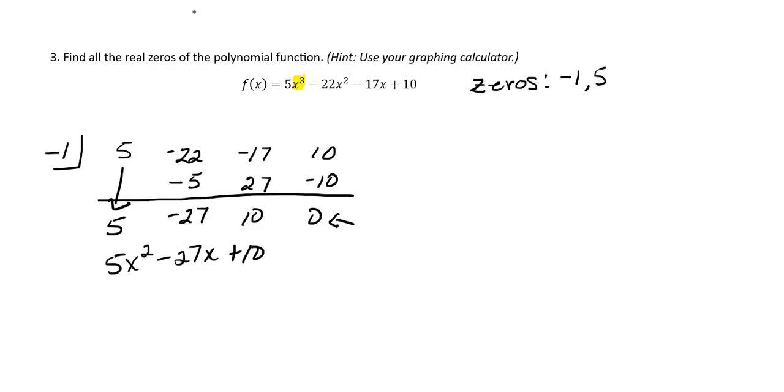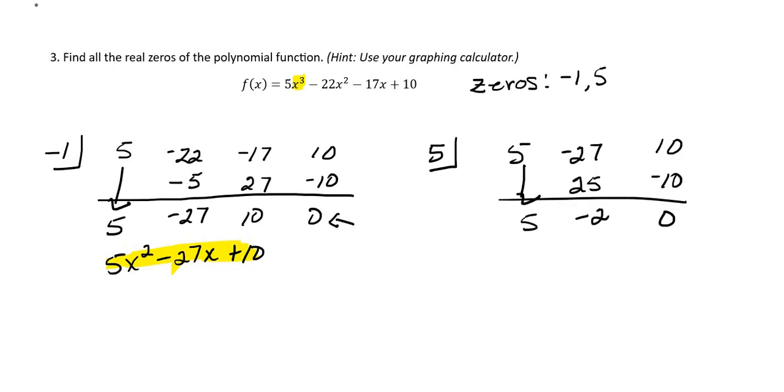Okay. Once I have factored out that factor of x plus 1, then I can do synthetic division again with 5, but I'm using this equation right here for my synthetic division. And notice again, I have 0 here for my remainder, so I know that that's a 0.